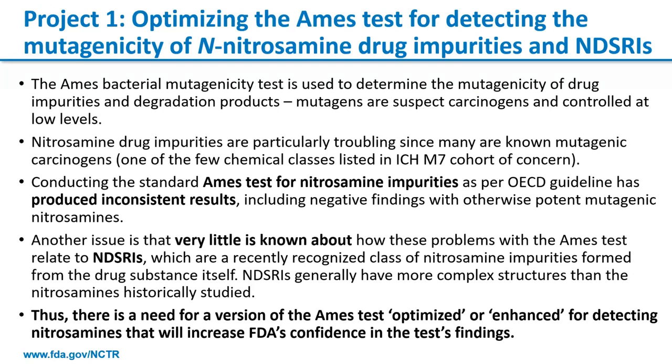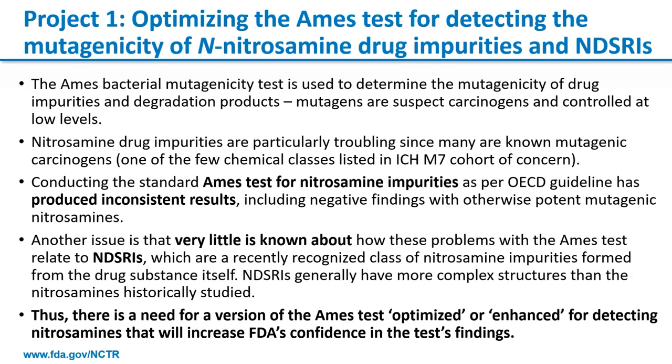So Bob already covered a lot of this in his opening remarks, but I just want to indicate that nitrosamines as a class of test compounds has the reputation of being somewhat finicky or difficult to detect in the Ames test.